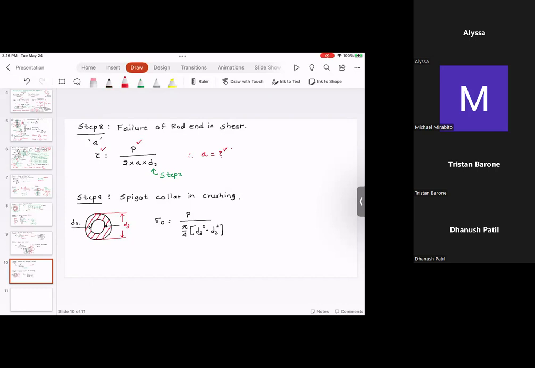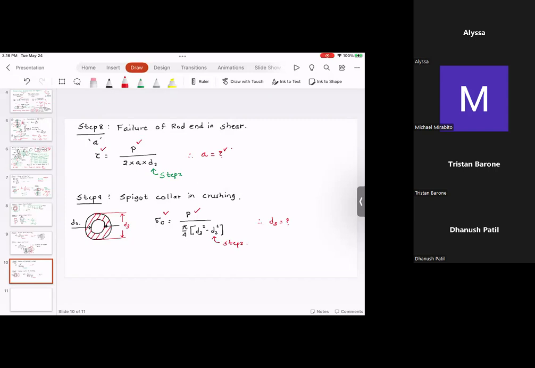Here, value of P is given, value of sigma C we know, value of D2 we know from step 2. And from this equation, you can find out value of D3.